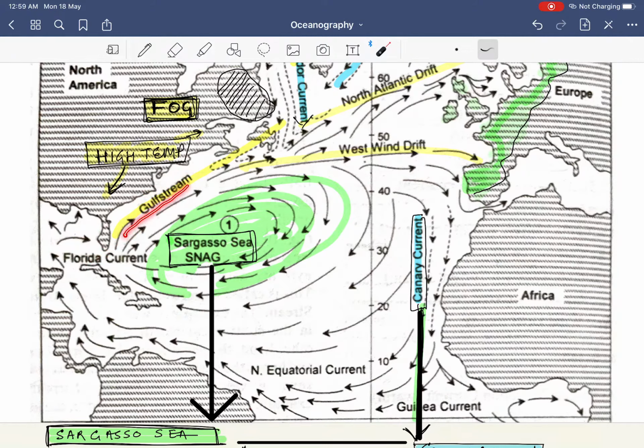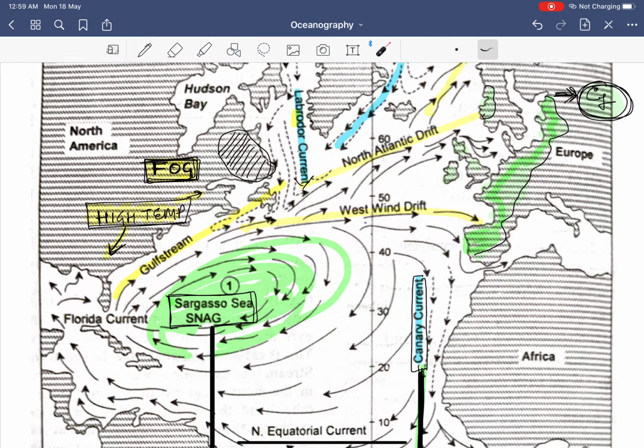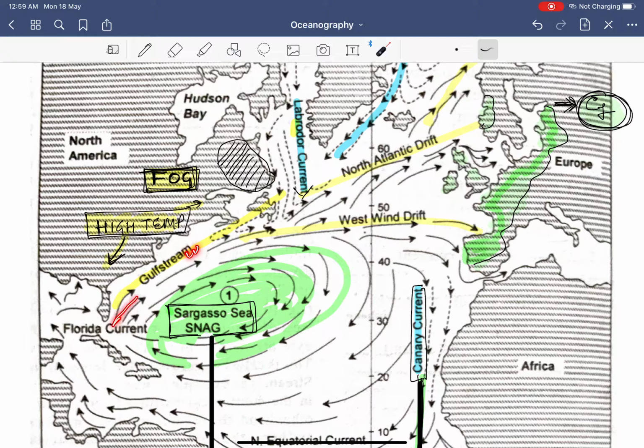When the Gulf Stream comes in contact with the westerlies, it results in the North Atlantic drift. From it you can see that in the lower latitude the eastern part of the continent has a warm current, whereas in the higher latitude it is the western part of the continent that has a warm current.